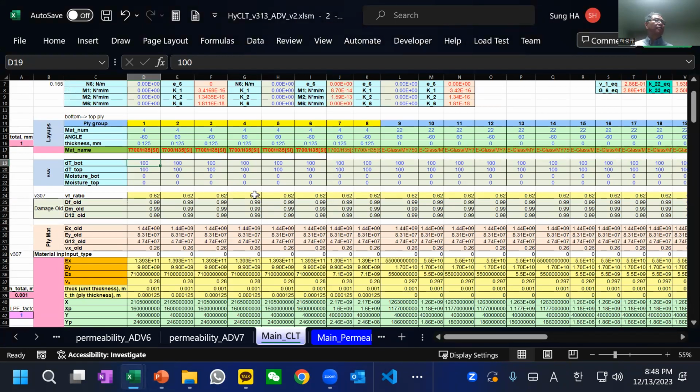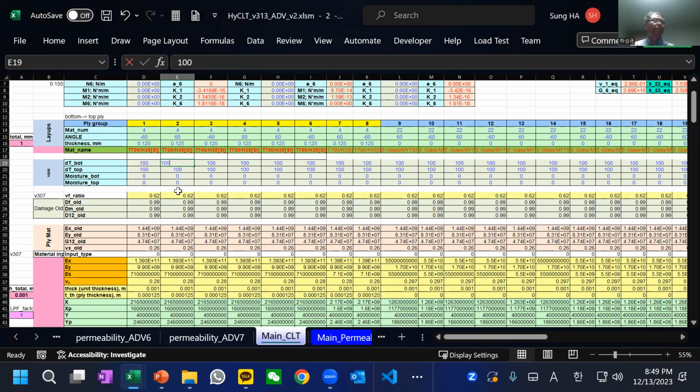So if this is the bottom, the top, okay, the first ply is the bottom, right? So this is the bottom of the bottom ply, and then it increases, and so expands, and let's say the top and the bottom.